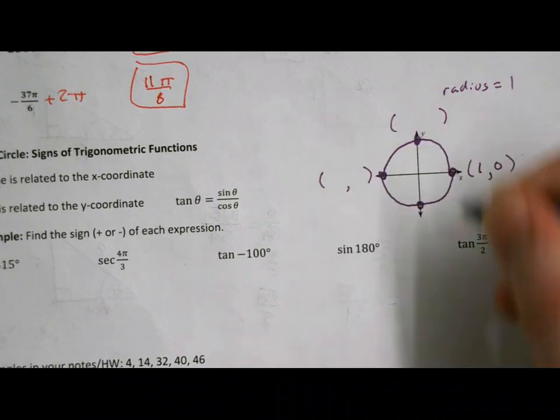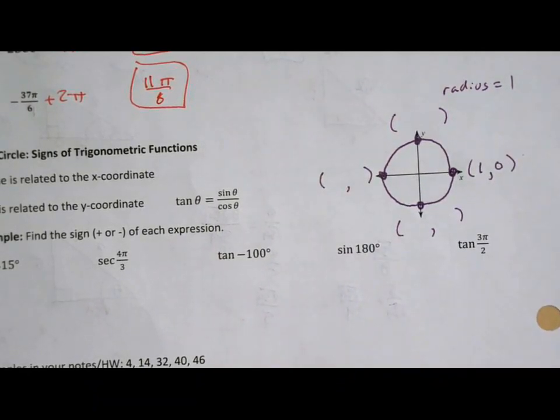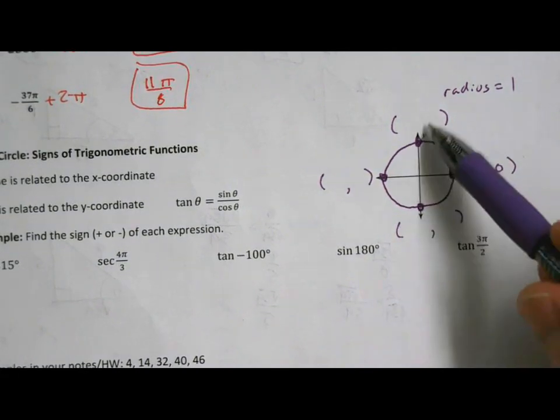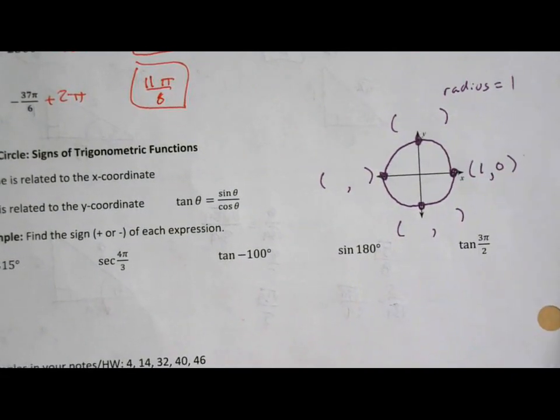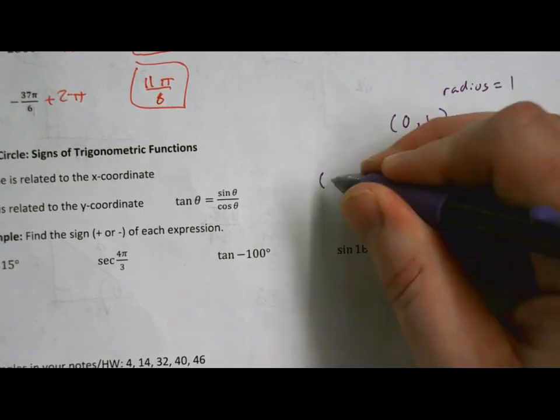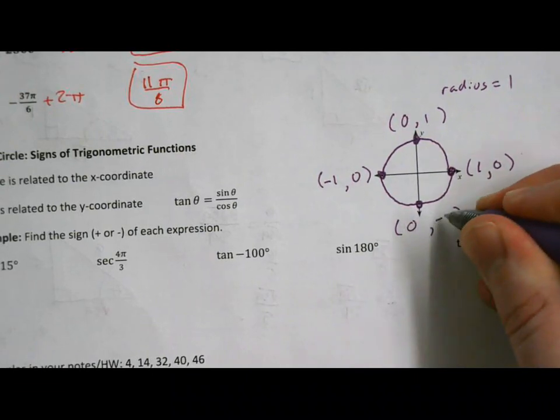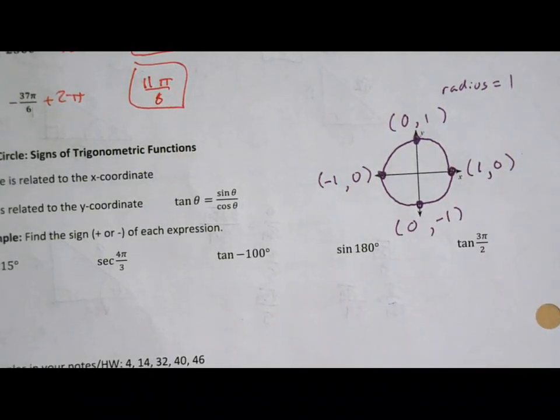Now it's clicking. How about up here? 0, 1? Negative 1, 0? 0, negative 1. All right.